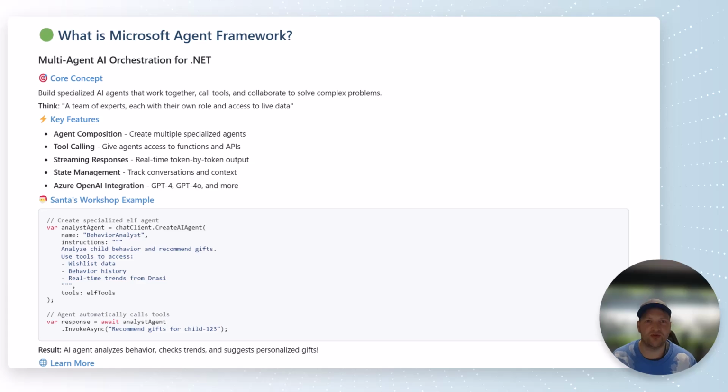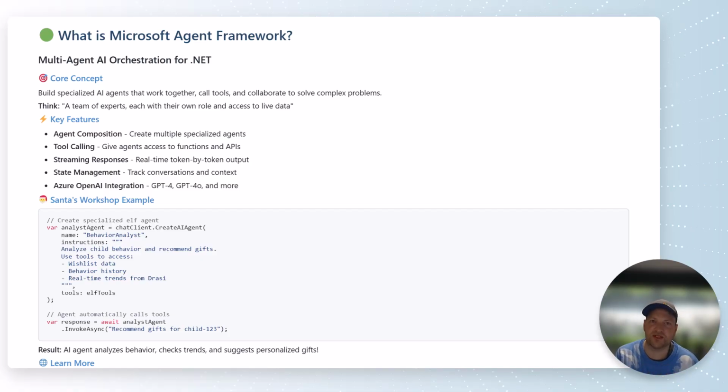It's one of those things that we're just working out with deterministic solutions, but in this case, very, very specific around analyze child behavior, recommend gifts, and then use the tools that have been built in to request access and ground the data as well.